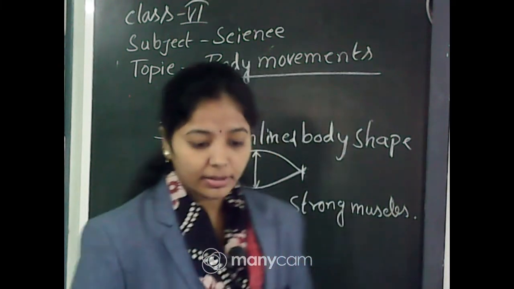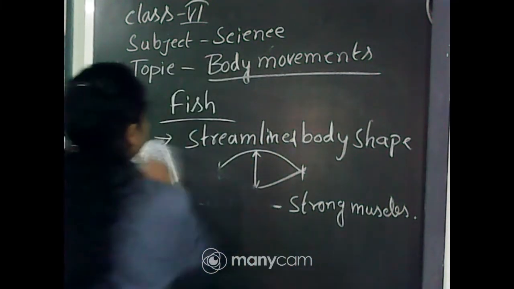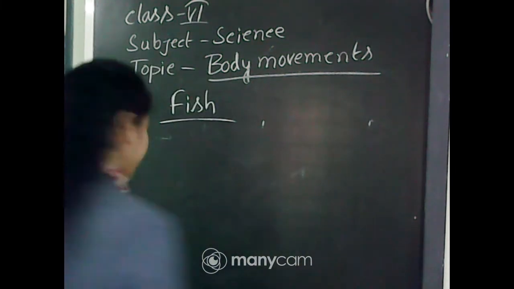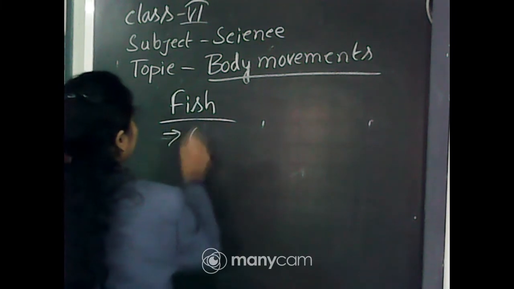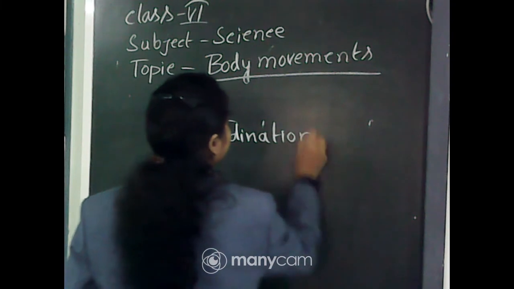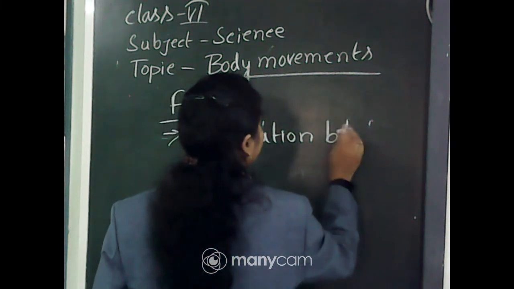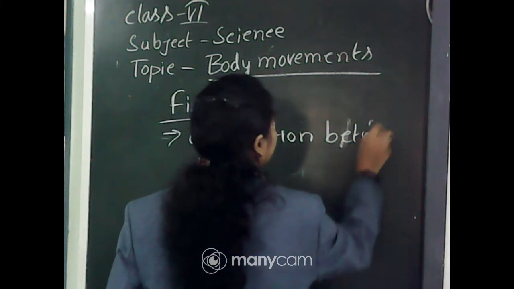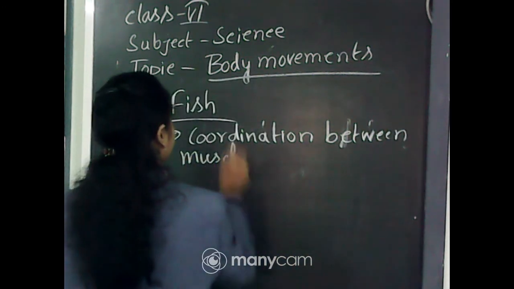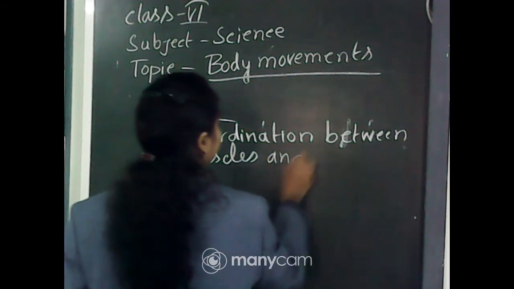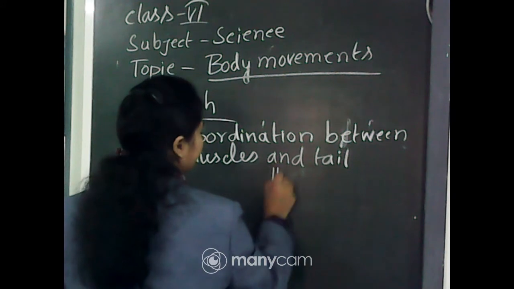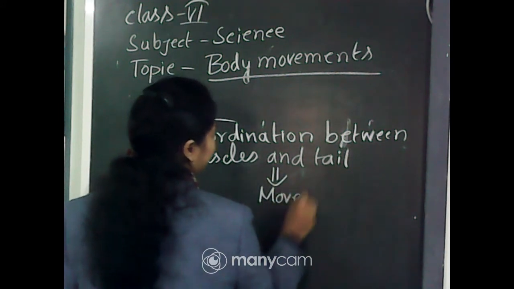Now, I am writing two points about fishes. You can write these two points for a proper concept. There is a coordination between strong muscles and tail that aids in movement in the water.